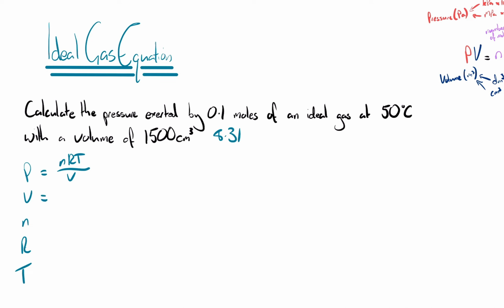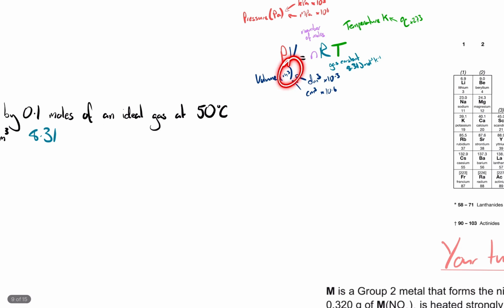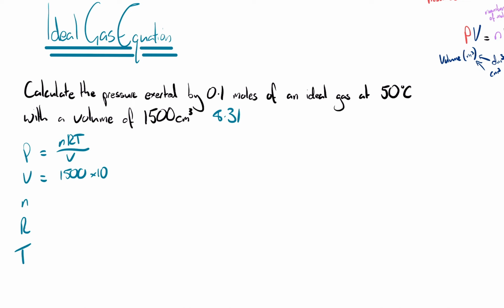So here our question tells us that volume is 1500. But that's centimetres cubed. We need metres cubed. So we're going to times by 10 to the minus 6. And there we get to 1.5 times 10 to the minus 3.